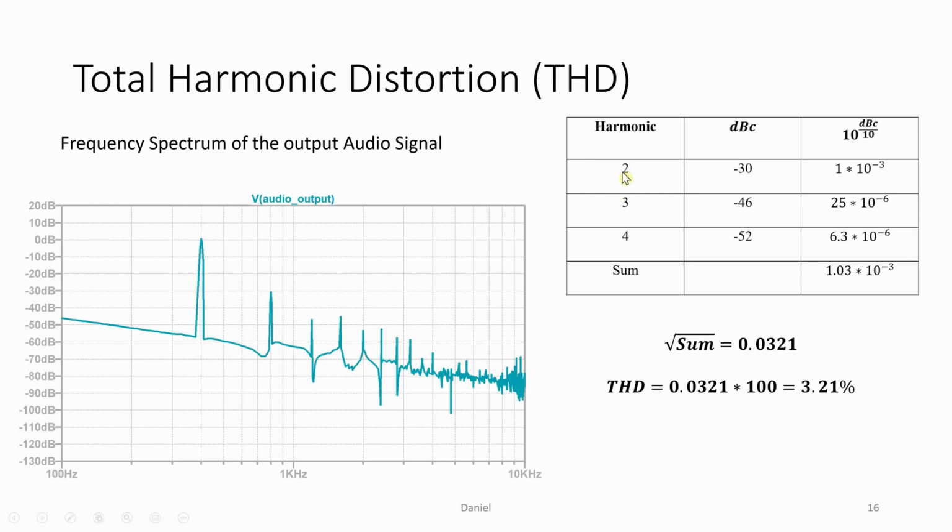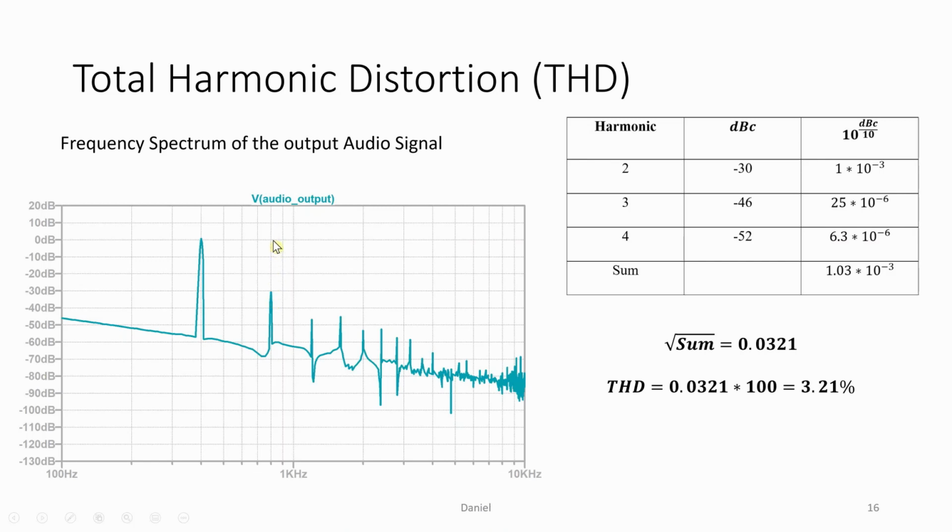I started from the second harmonic, which is at minus 30 dBc. If you take this peak minus that peak, we get the difference, which is minus 30 dBc.